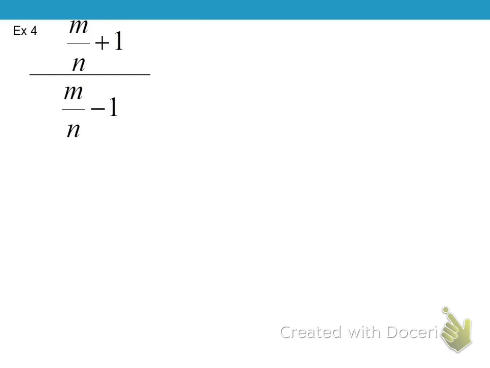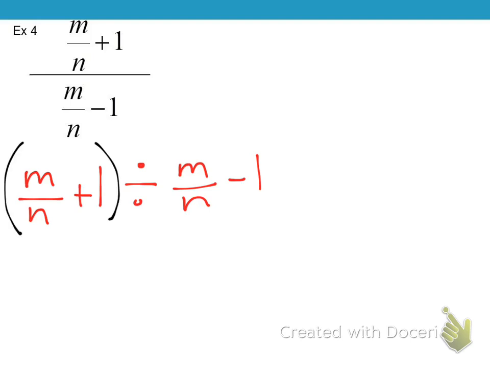All right, what am I going to do? Yeah, so I'm going to rewrite this. And it's actually kind of helpful if you think of this as being grouped together and this guy as being grouped together.